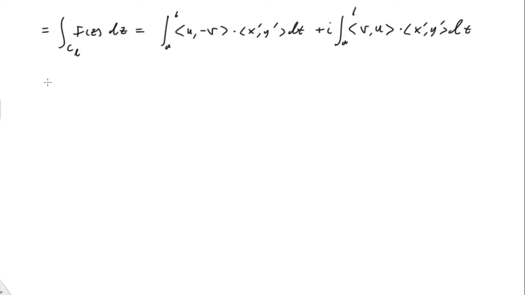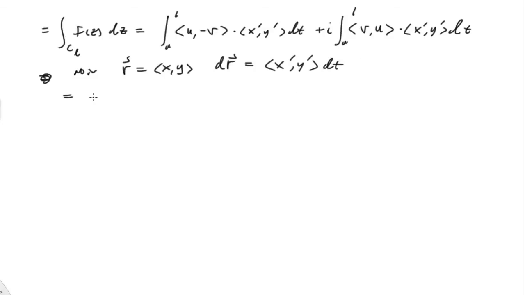Of course, we can rewrite this a bit, and note that if we call r the vector (x, y), then dr is equal to (x', y') dt.